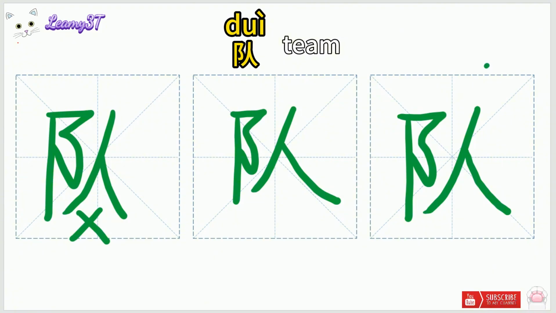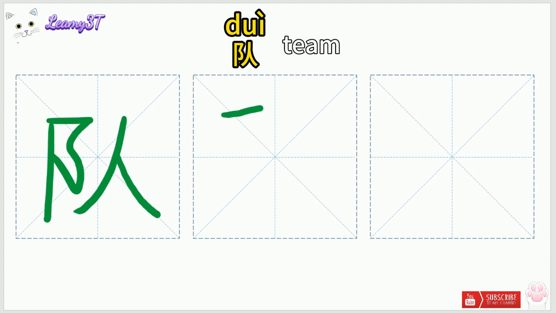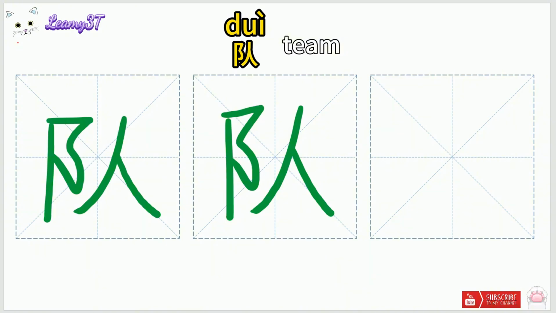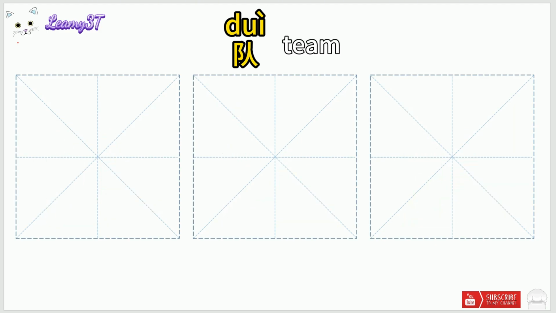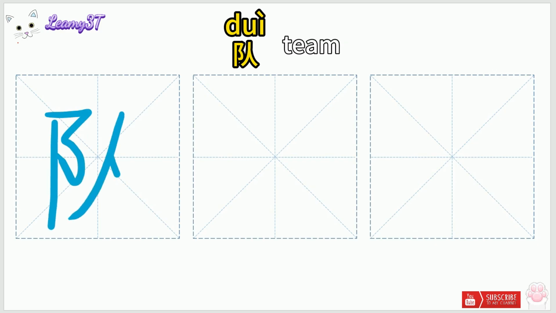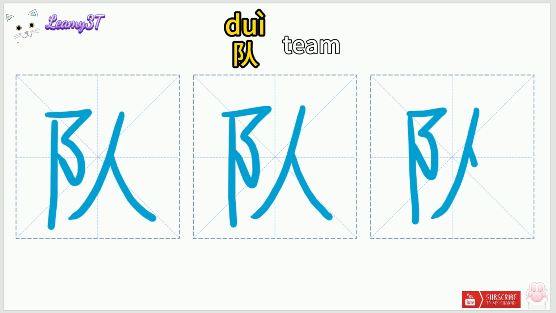Next, let's read and write together. Say the stroke. 横撇弯钩, 竖, 撇, 捺.